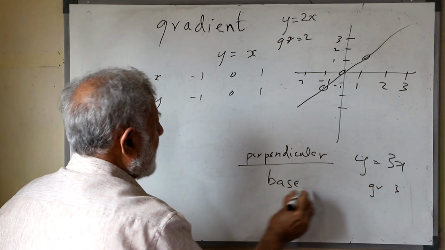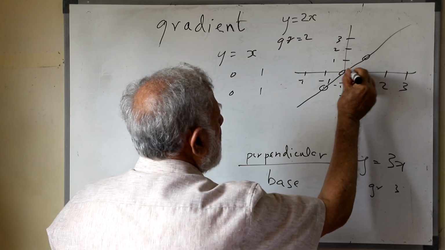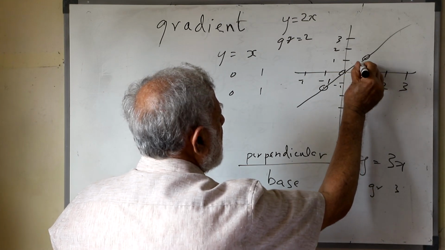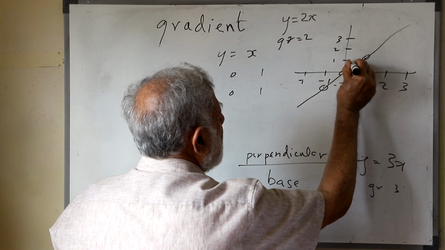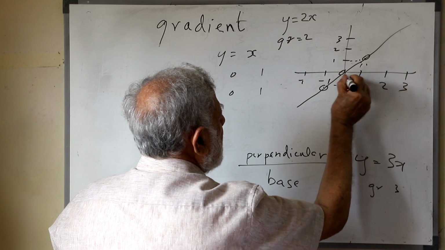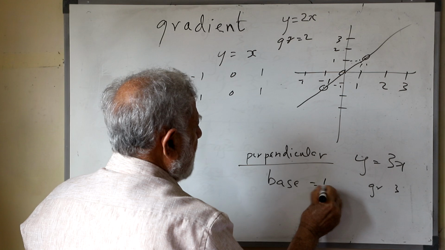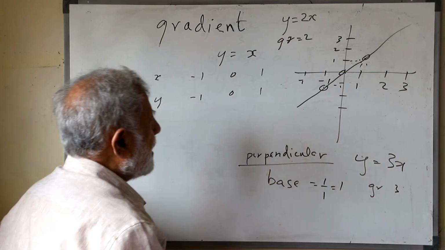That's the triangle. So, here we are taking 1 here. We take a point like this and a point like this. This line is 1, this one 1. So, the gradient for that is 1 upon 1, that is equal to 1.